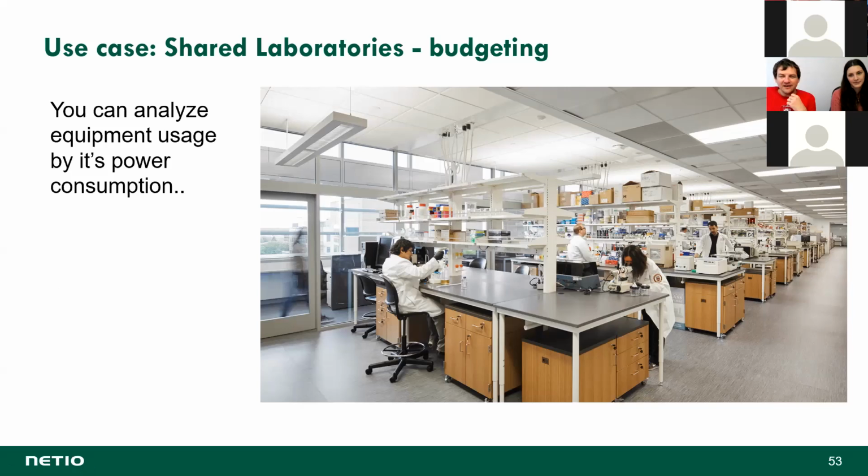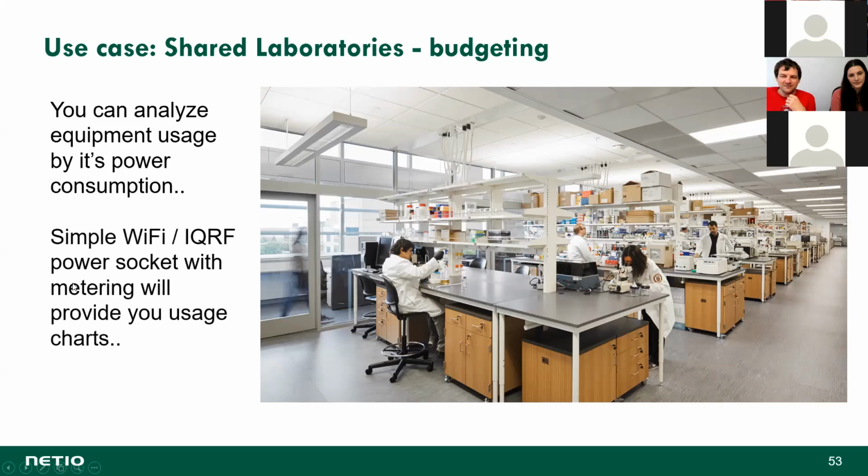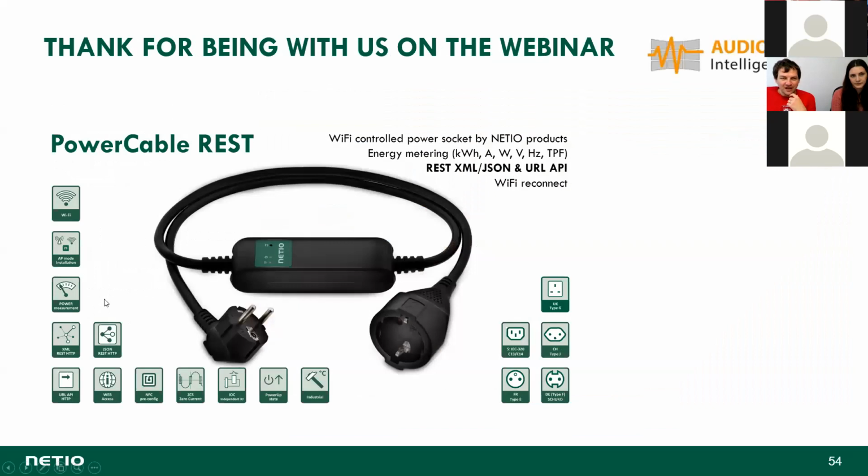Basically, there is an RFID system to monitor who is in the room, and they are splitting the cost between different teams because the microscope costs a fortune sometimes. Some devices or centrifuges are quite expensive, and they monitor how many hours per day they are used, and if they need to buy a new one or not, or which team is using it for what time. So that's the budgeting case.